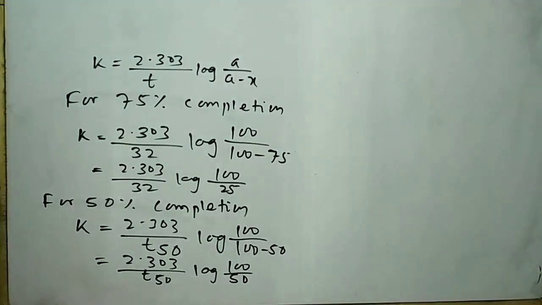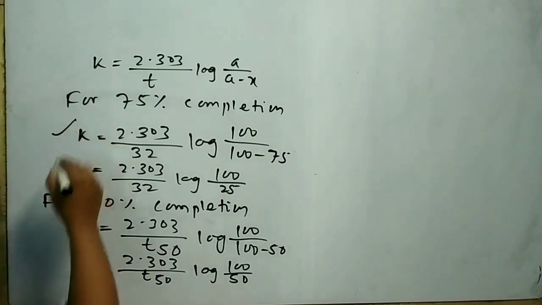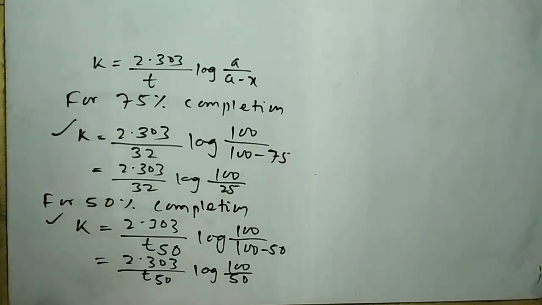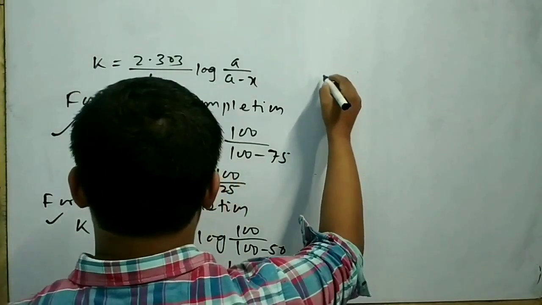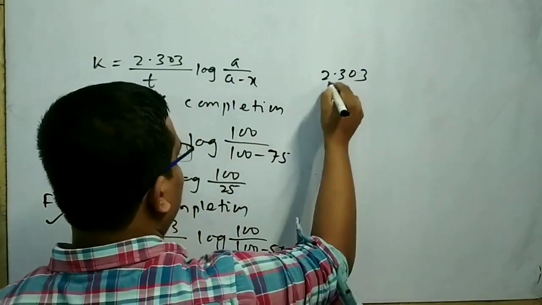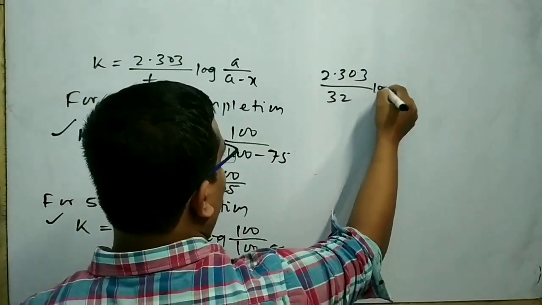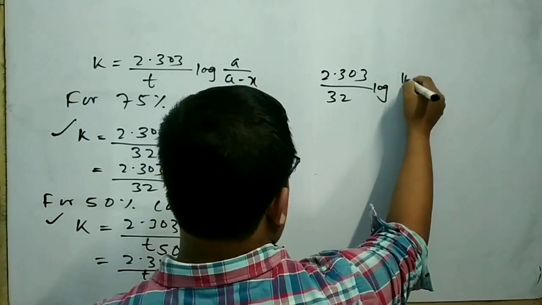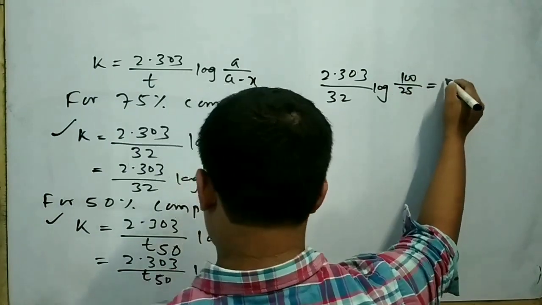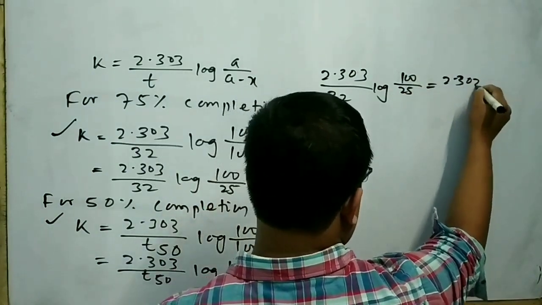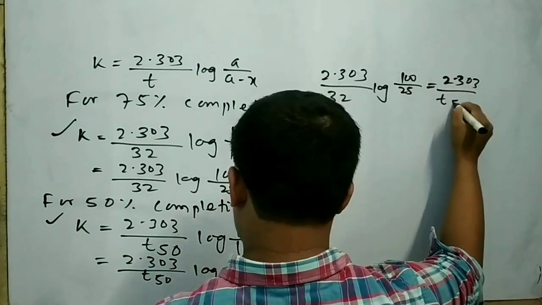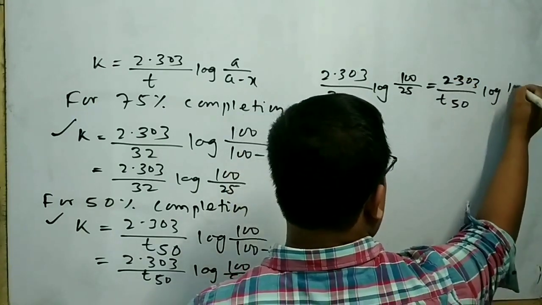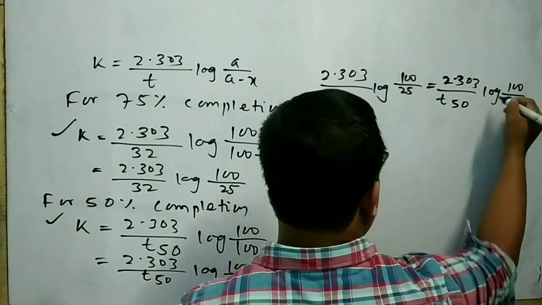For a particular reaction, we know that the K value is constant. Look at that, here K is written, here also K is written. That means the left hand side is equal. So we can write 2.303 divided by 32 log of 100 by 25 equal to 2.303 divided by T50 into log of 100 by 50.